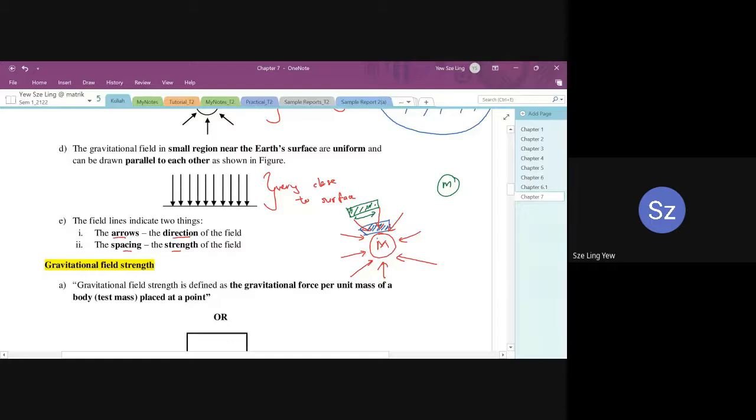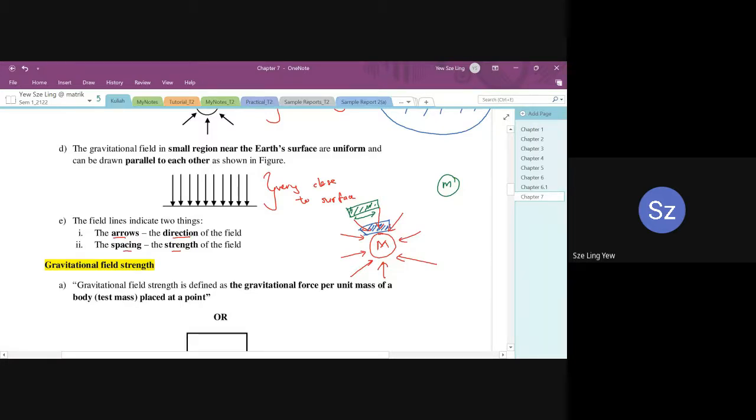Why? Because the field lines passing through it have a larger spacing between them, and they are far away from each other. But if you look at the blue color object, more lines pass through it, and the spacing between the lines is smaller. They are closer to each other.